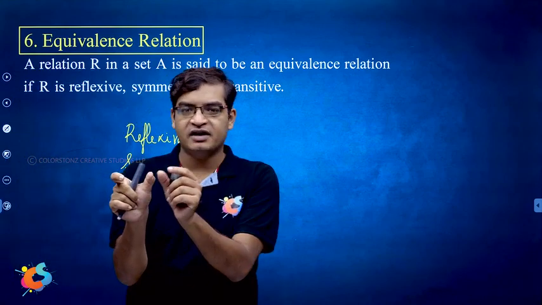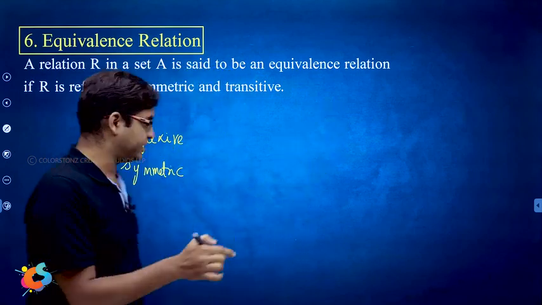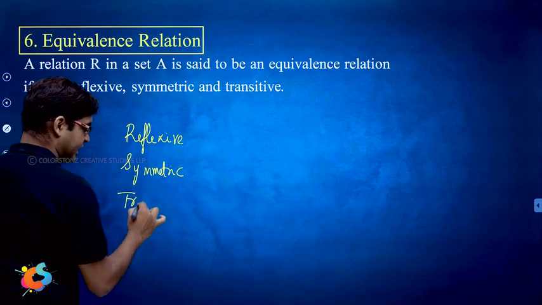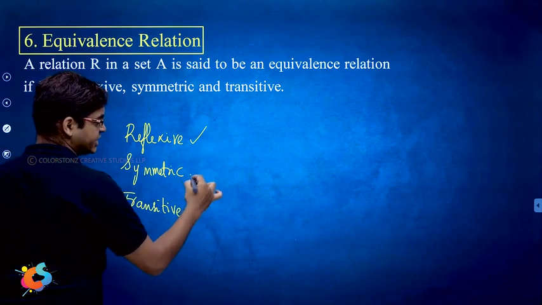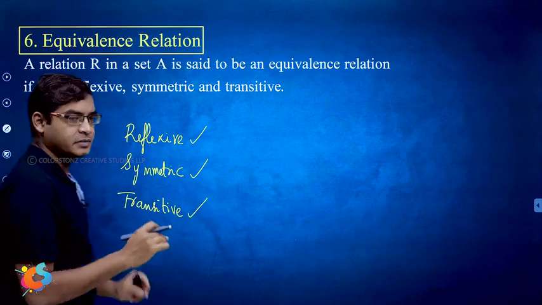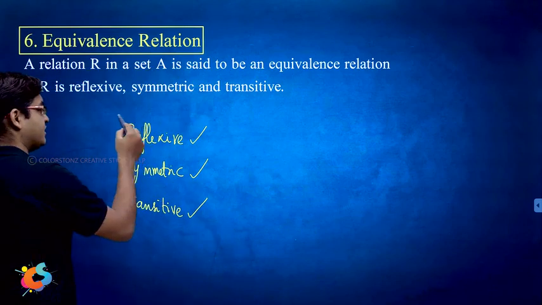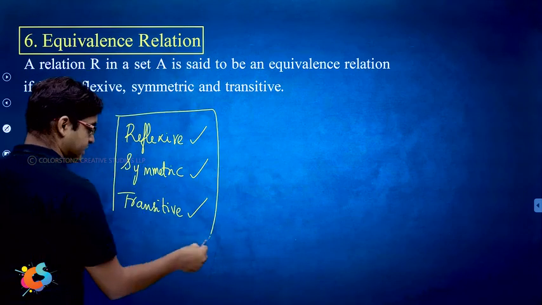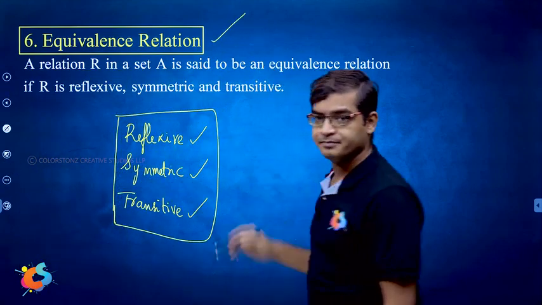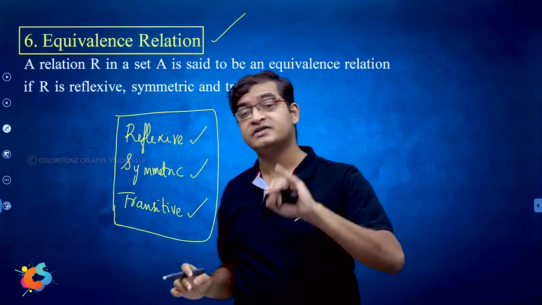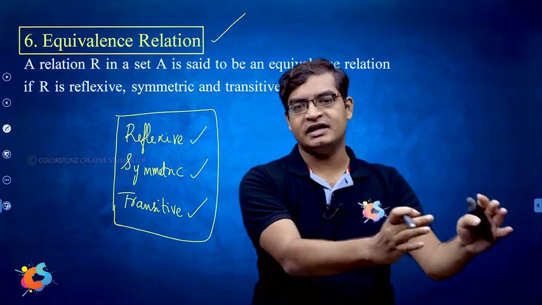For one relation, you checked for reflexive, it came out reflexive. You checked for symmetric, it came out symmetric. You checked for transitive, it came out transitive. So therefore, if a relation is all three, means it is reflexive, symmetric and transitive, then you are giving a special name to it. So what is that special name? That is equivalence relation. If a relation is reflexive, symmetric and transitive, then you are giving a special category. This is equivalence relation. That's all.